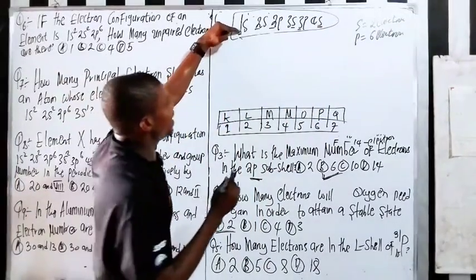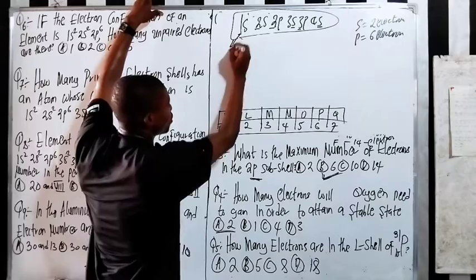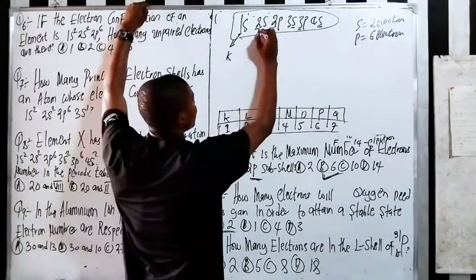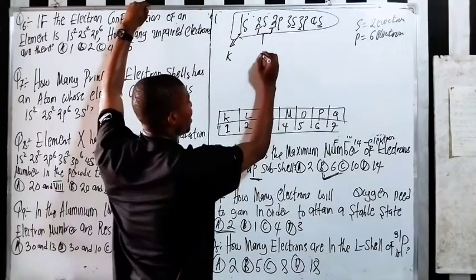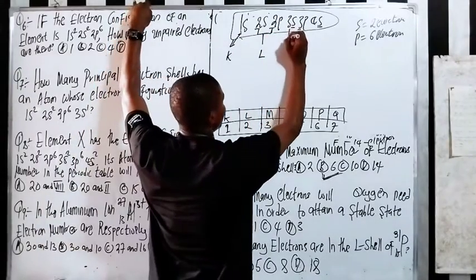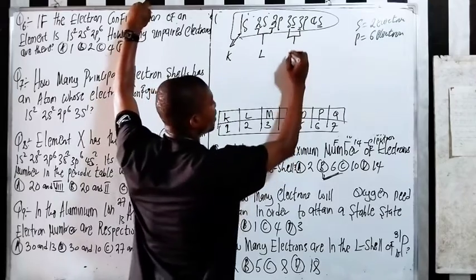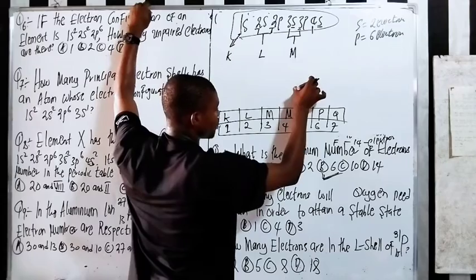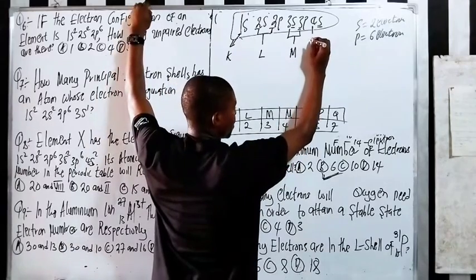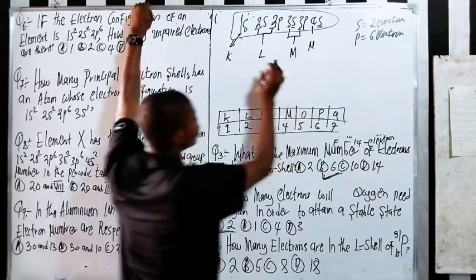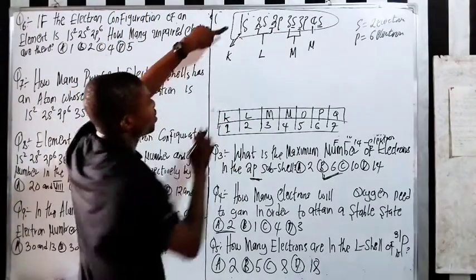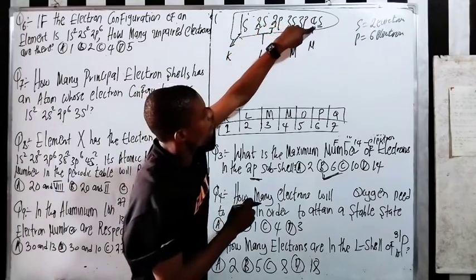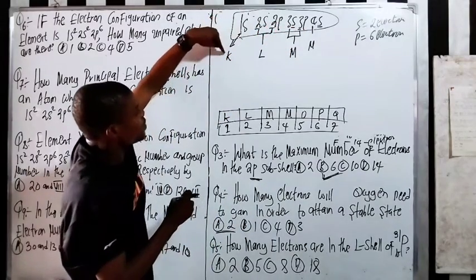So this first shell here is my K. This 2 here is my L shell. This 3 here is my M. This 4 here is my N. So you have to master this one here: 1s, 2s, 2p, 3s, 3p, 4s. My 1 is my K shell.